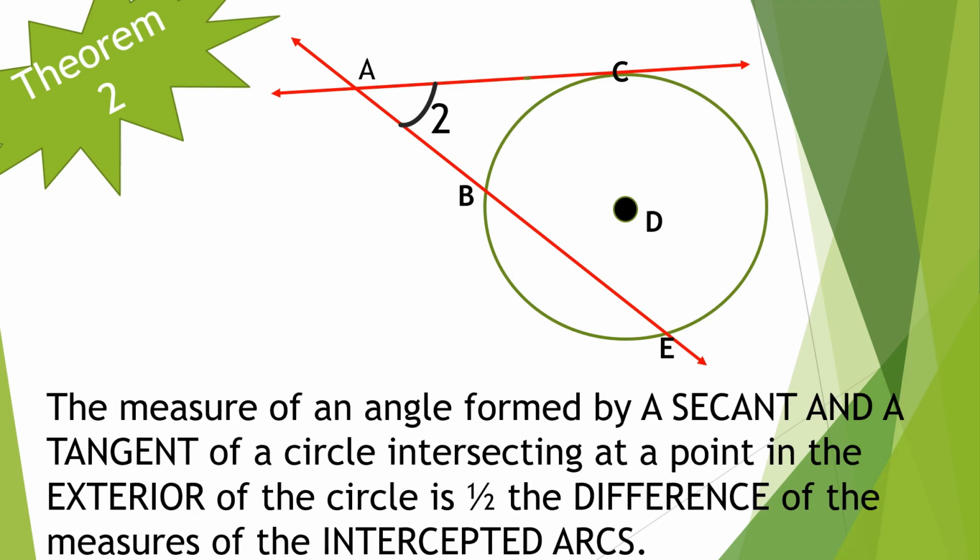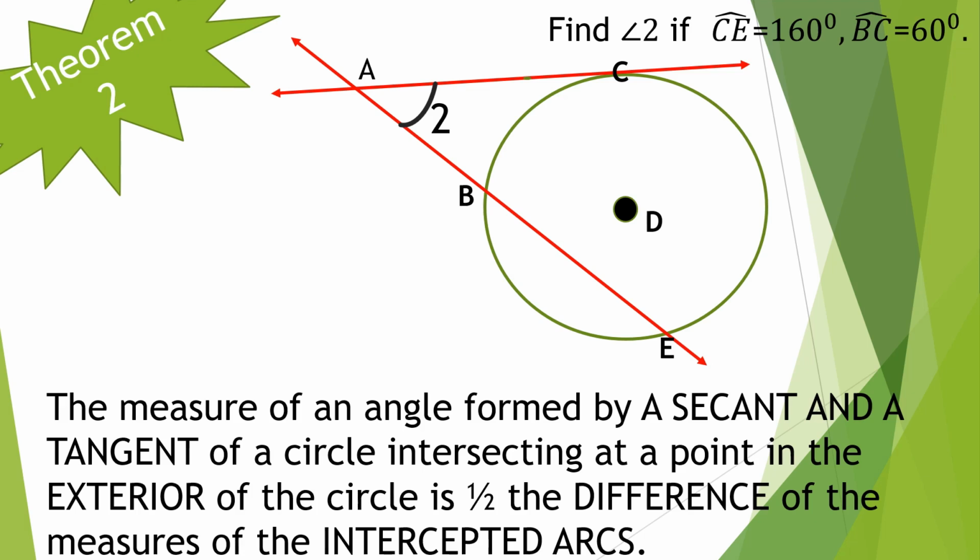Let's suppose we are to find angle 2 if arc CE is 160 degrees and BC is 60 degrees. Of course, this is not equal to 360 degrees because we still have BE, which is not included because it is not an intercepted arc of angle 2.